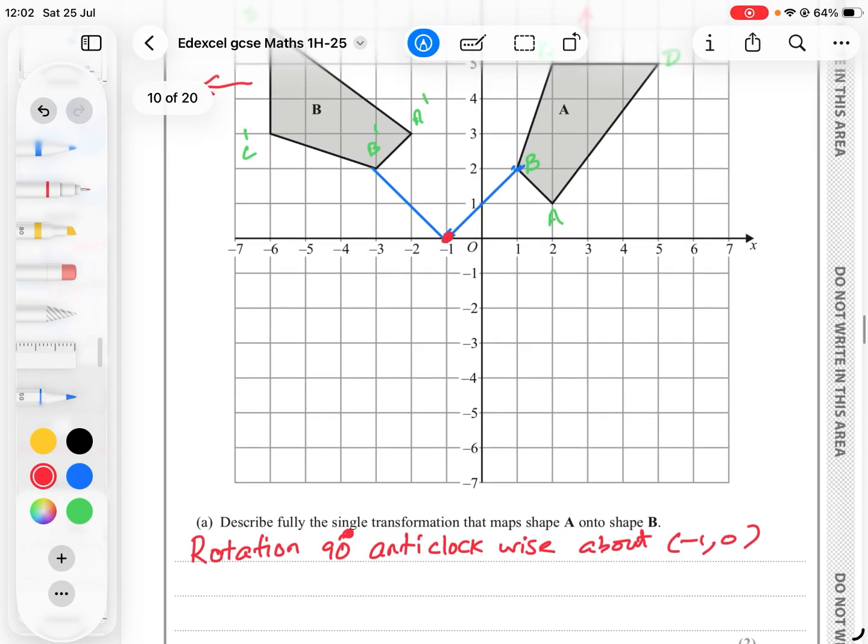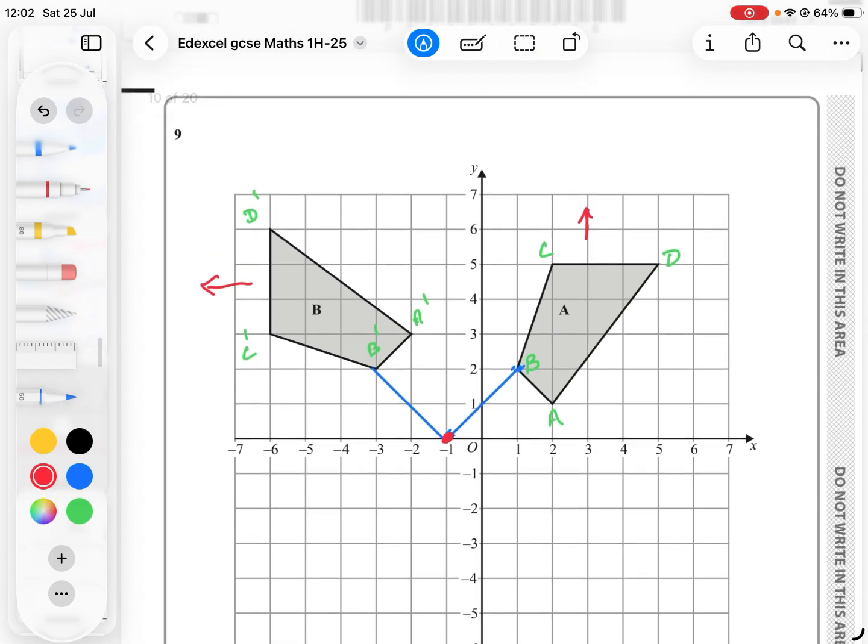The question is, describe fully the single transformation that maps shape A onto shape B. First of all, you can mark the edges A, B, C, D. After rotation about this center of rotation, C becomes C dash in here.